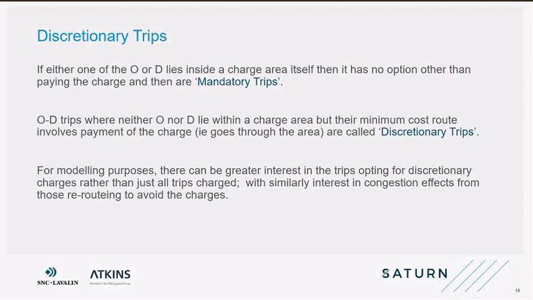Whereas if O and D lie totally outside the charge area, but the minimum cost route involves the payment of a charge, then those trips are called discretionary trips. For our modeling purposes, we have greater interest in these discretionary trips rather than all charged trips. Our interest is mainly in the congestion effects coming from the rerouting of these trips to avoid charges.